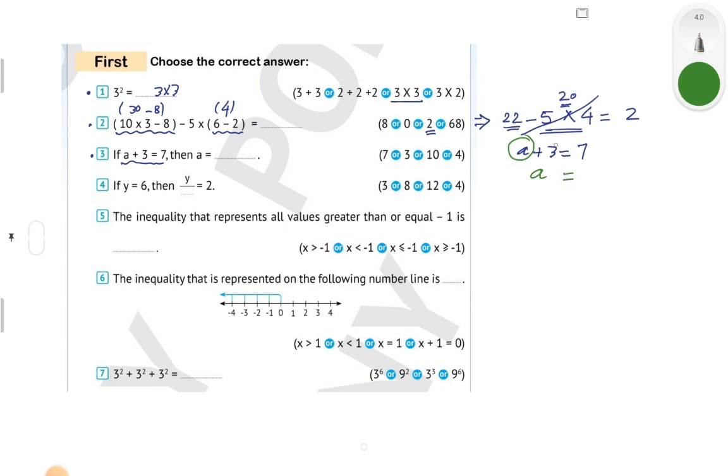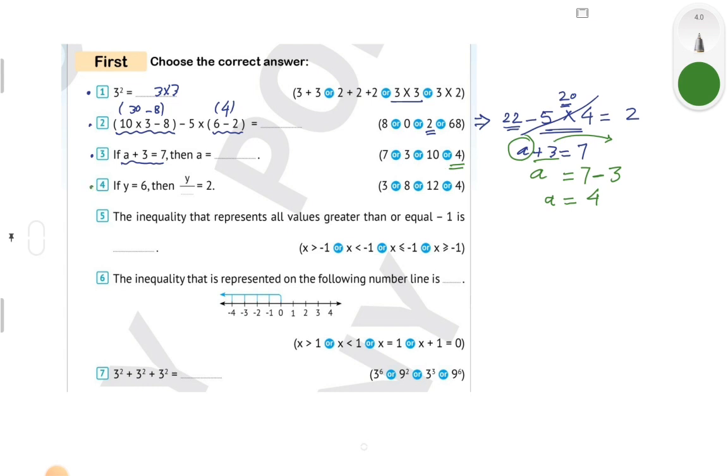So I need to move this plus 3 to the other side with a negative sign. So we have here 7, but plus 3, I will move it as minus 3. Now a equals what? 7 minus 3 equals 4. That's the value of a, 4.